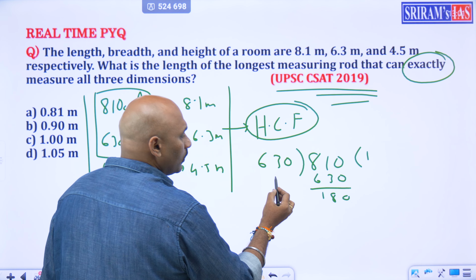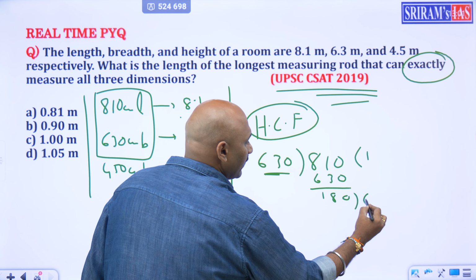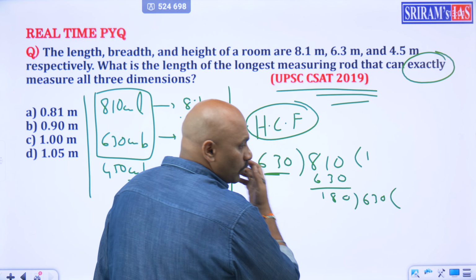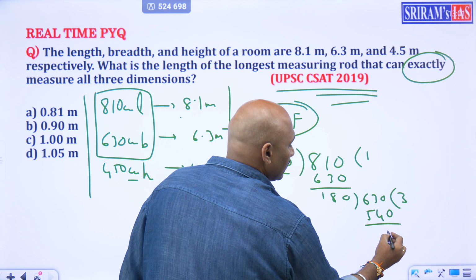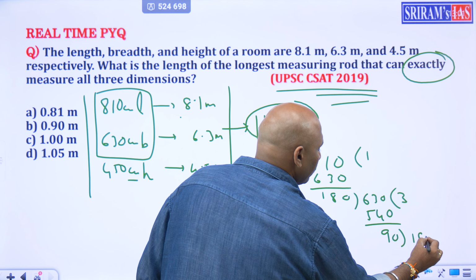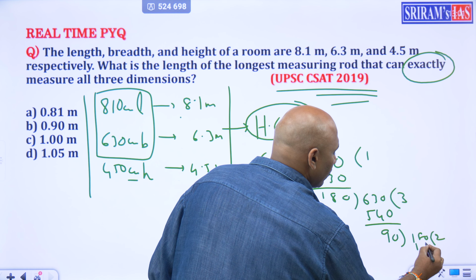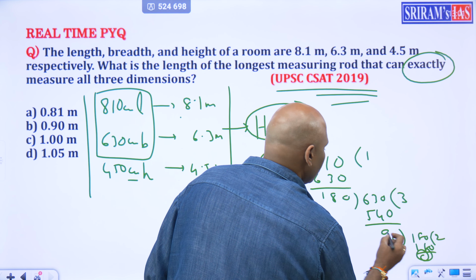Now take 630 divided by 180. 3 times 180 is 540, and the remainder is 90. Then 90 divided into 180: 2 times 90 is 180, so the remainder is 0. So the HCF for 630 and 810 is 90.